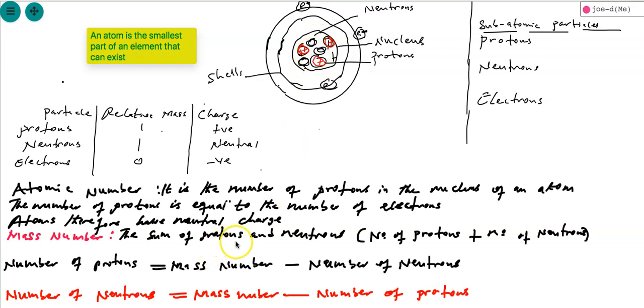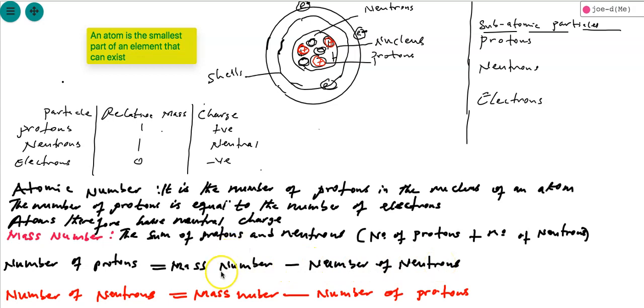Now, what that also means is that if we know the mass number and either the proton number or the neutron number, we can rearrange the equation and find the other subatomic particles. For example, the number of protons equals the mass number minus the number of neutrons.